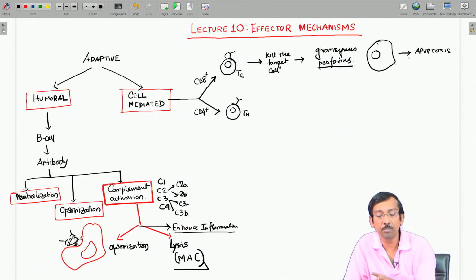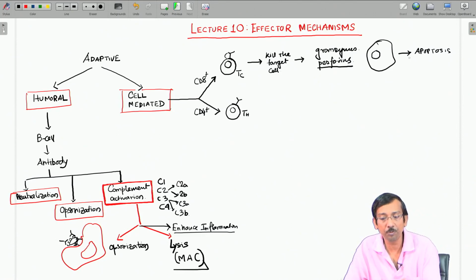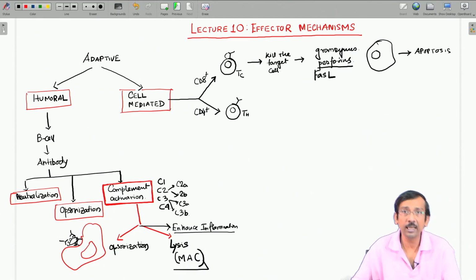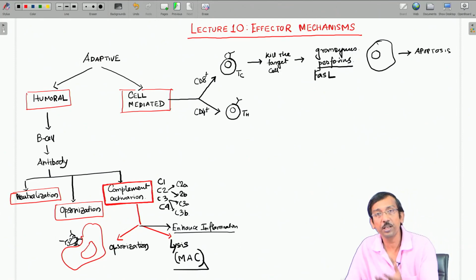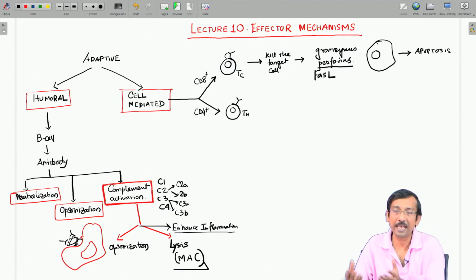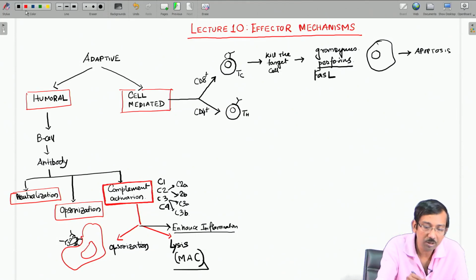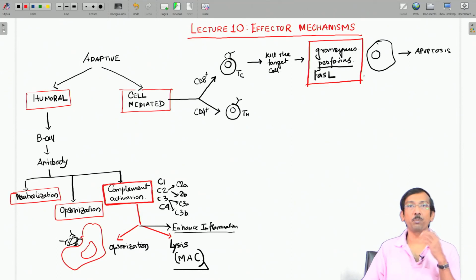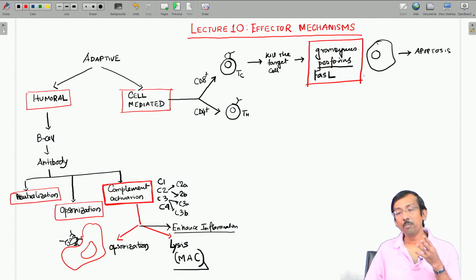Some of the important mediators of this cytotoxicity are the perforins, the granzymes, and also the Fas ligand, Fas-L, which recognizes the Fas expressed on the target cell, and then it leads to apoptosis of the target cell. So, these are effector molecules released or expressed by the cytotoxic T cells, which help in recognition and killing of a target cell by apoptosis.